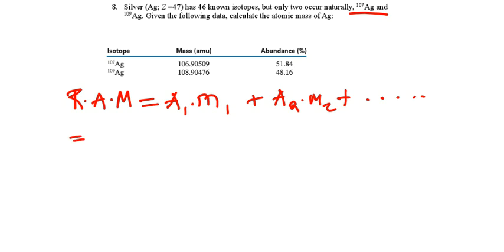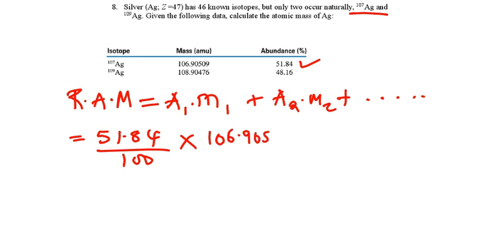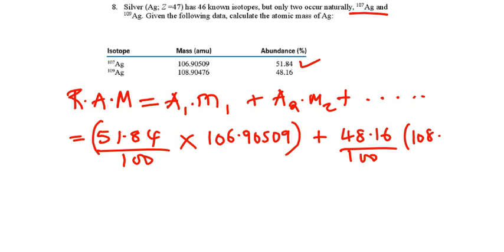For the first one, the abundance is 51.84% multiplied by 106.90509, plus the second part, where the abundance is 48.16% multiplied by 108.90476. Grab your calculator.